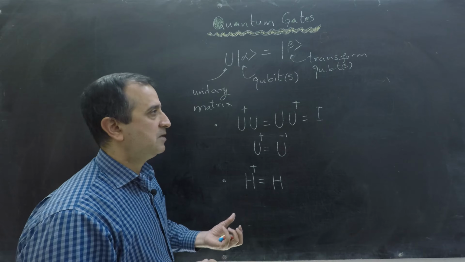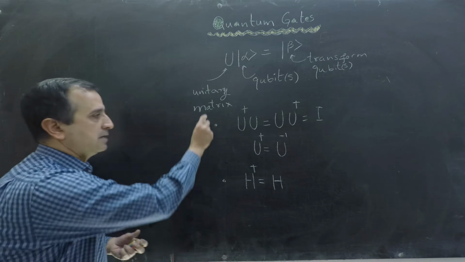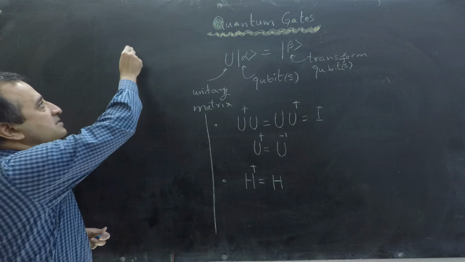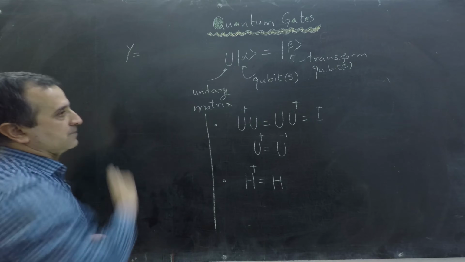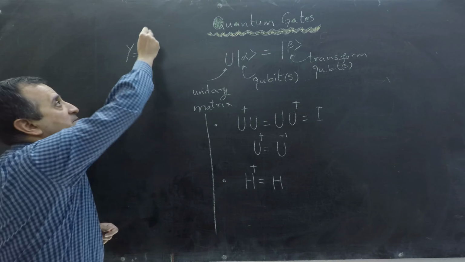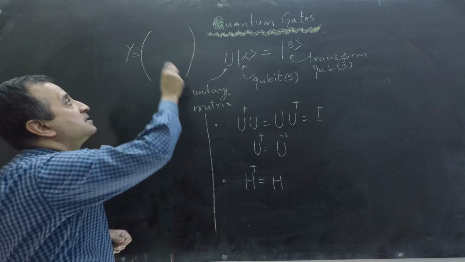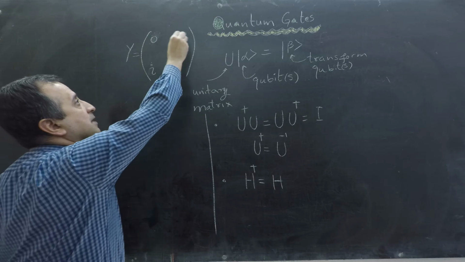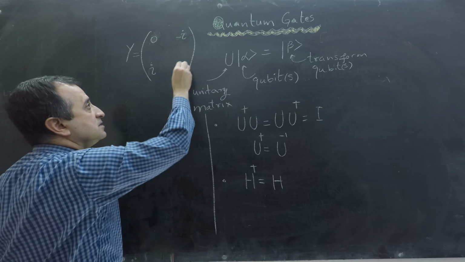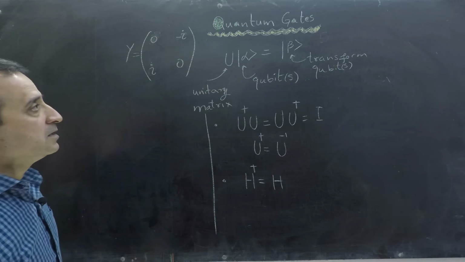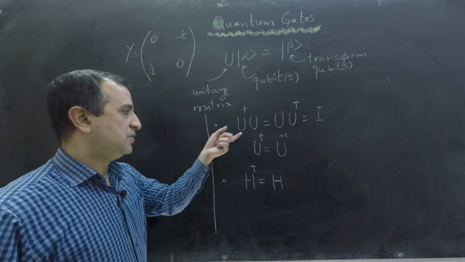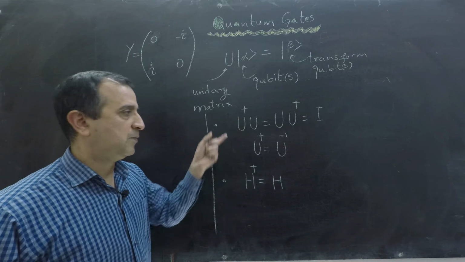Let's do an example to make it clear. In this example, my matrix is called Y, and the matrix is 0, iota, minus iota, 0. Now I have to verify if this matrix is unitary, Hermitian or both.